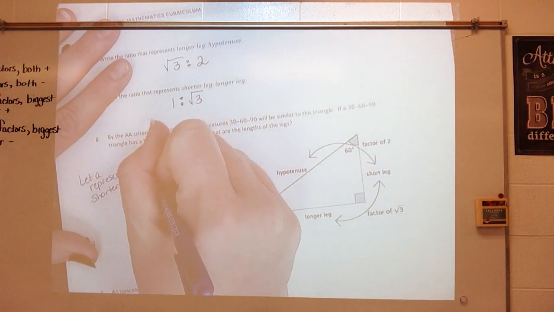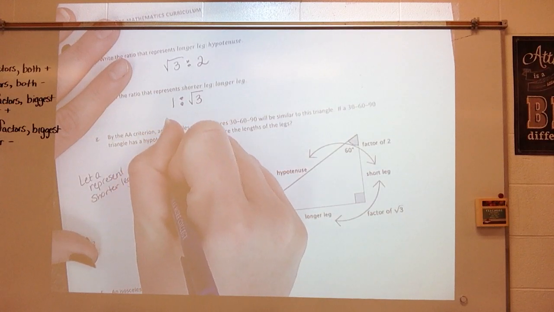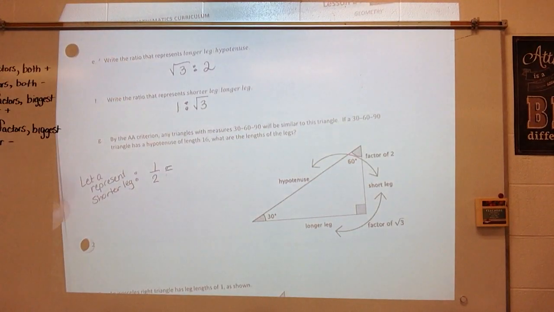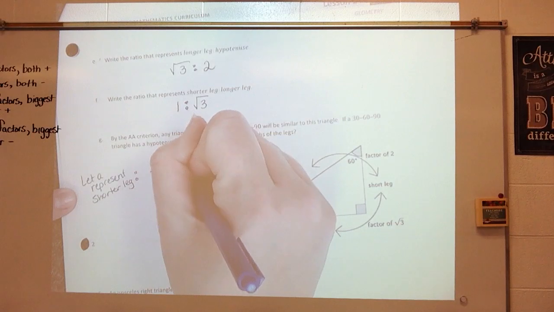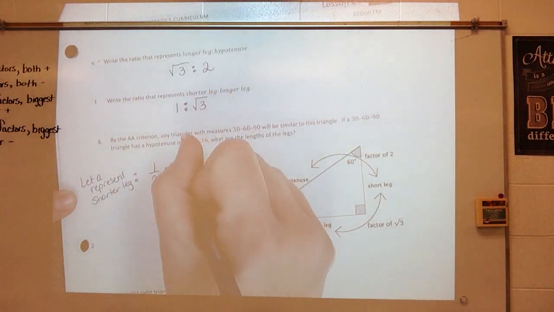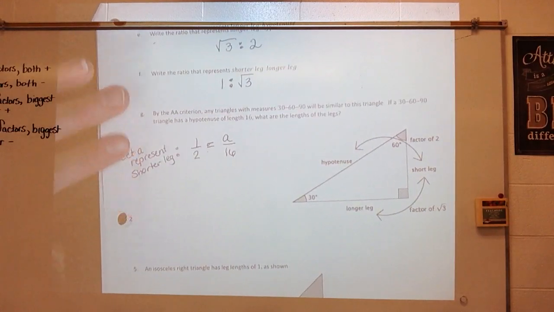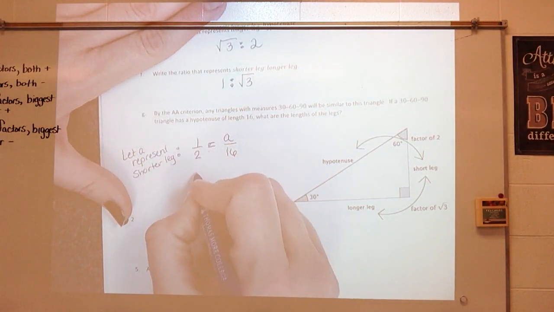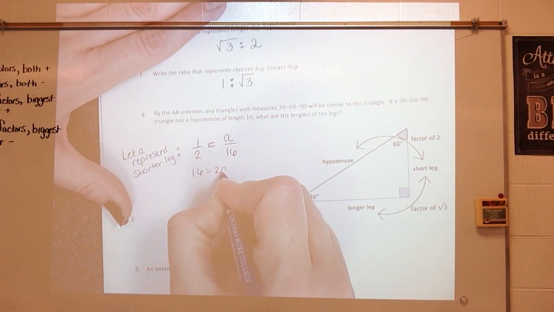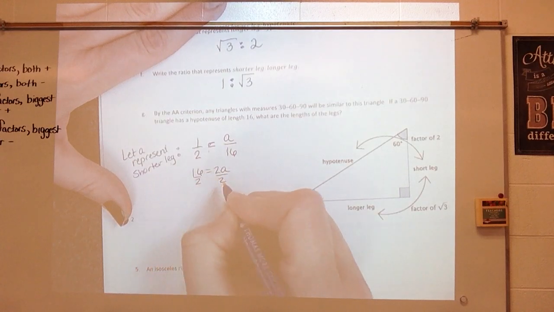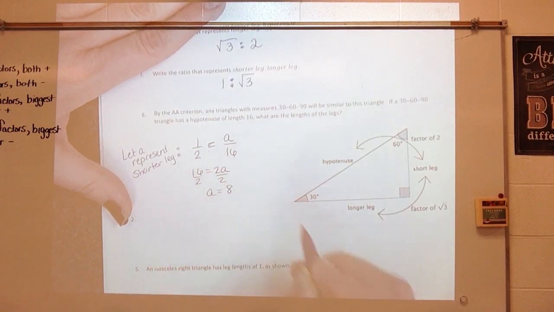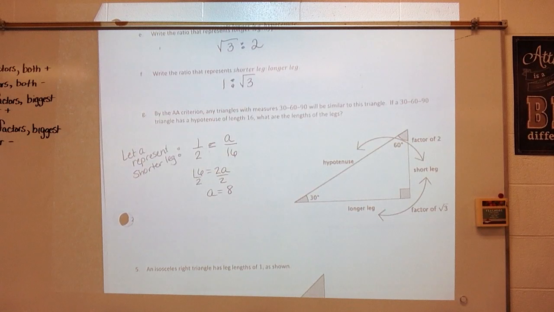So what we know is our shorter leg to our hypotenuse is equal to, we're trying to find the shorter leg here, and the hypotenuse is here. So cross multiply, I get 16 is equal to 2a. Divide by 2, so my shorter leg here would be 8.